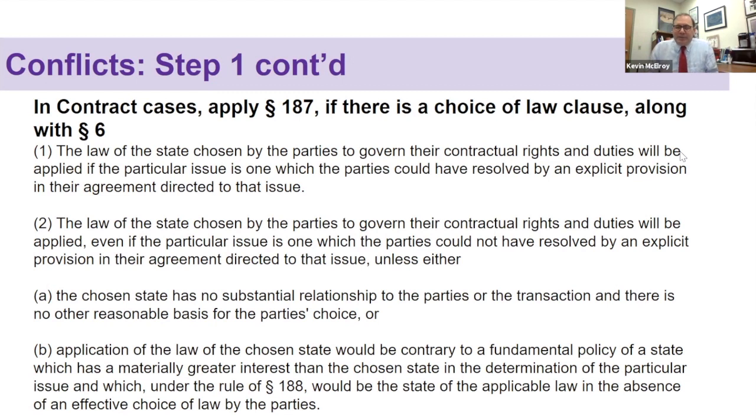Here's the best explanation I can give you, and I can give it to you out of my conflicts book. All right. Under one, the law of the state chosen by the parties to govern their contractual rights and duties will be applied if the particular issue is one which the parties could have resolved by an explicit provision.